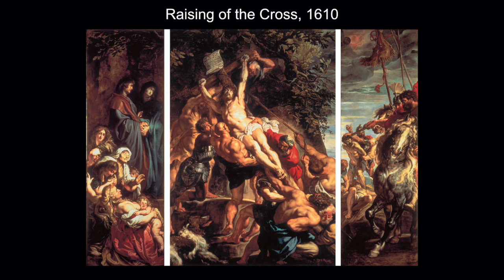And by emphasizing the struggle to kill Jesus, Rubens is showing the strength of the Catholic Church. Because in the end, if you follow the story all the way through, Jesus comes back. And he's more powerful, just like the Catholic Church will be once this is all sorted out. Which shows that Rubens was a far better painter than he was a prophet or someone who can see what's going to happen in the future.